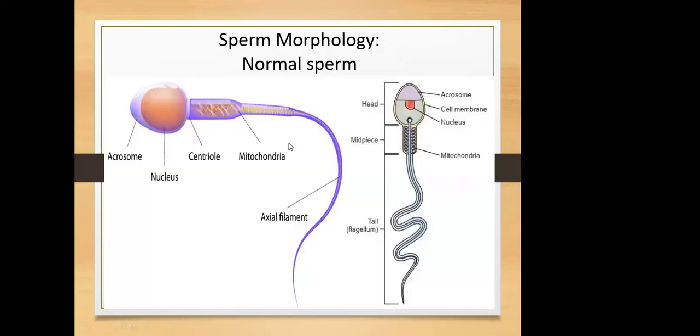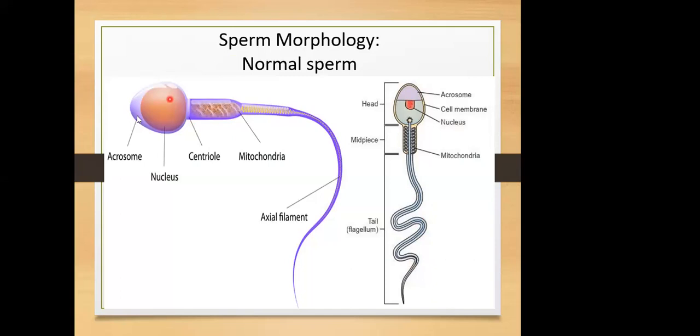So this is just a schematic presentation of a normal sperm. You see here, this is normal. This is looping. This is not coiling. Coiling is where it will turn and turn and turn. This is normal, this looping.